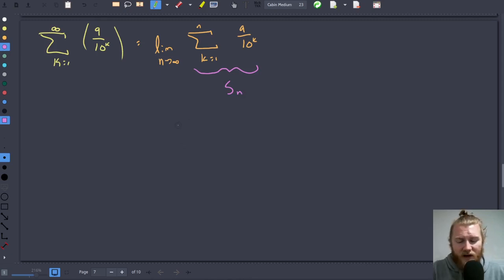And so what we're going to do here is see if we can find what these partial sums look like. And if we can, then maybe we can come up with what this limit is actually going to be, and then we can see what's going on. So let's go ahead and do that with these partial sums.